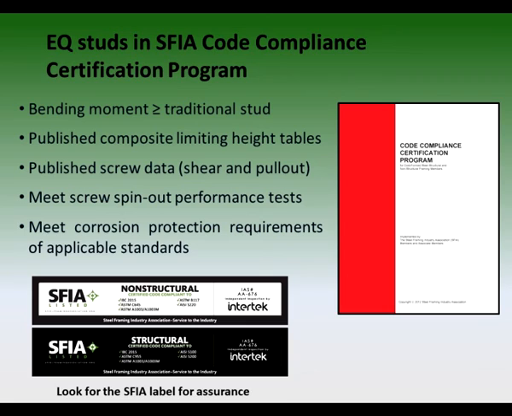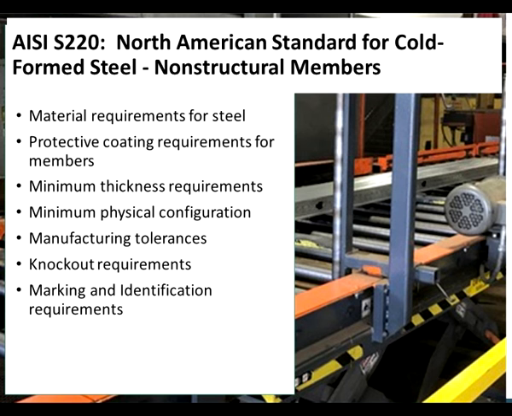It must also meet the applicable corrosion protection requirements. Most of these requirements are also drawn from AISI S220. Note that this program, and thus all code requirements, are mandatory for SFIA members for EQ and conventional framing products. Look for the label to be certain that you're getting a code-compliant product.